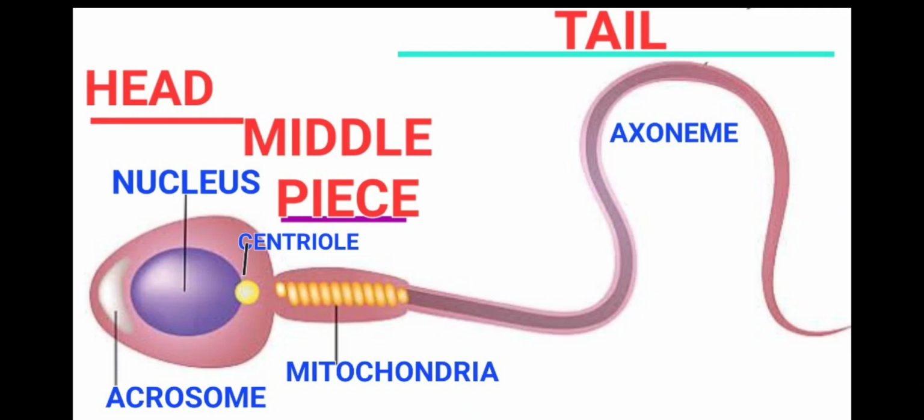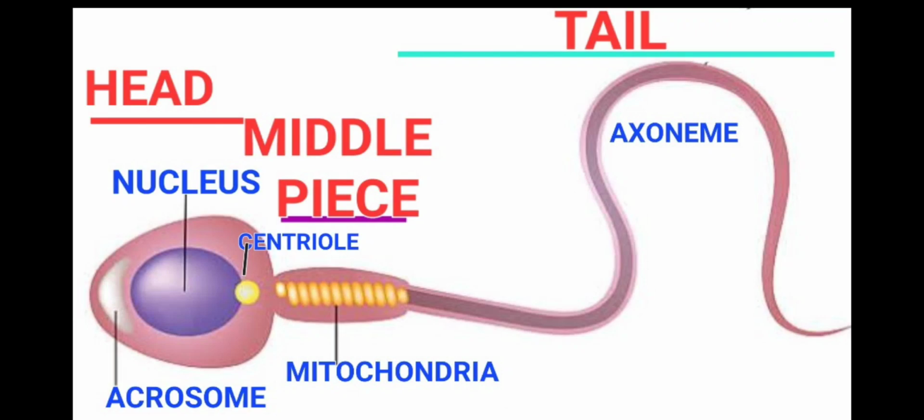Here, the flagellum or the axial filament complex is surrounded by a double spiral of elongated mitochondria. Around 12 to 13 gyres of mitochondria are present here. The distal limit of the middle piece is marked by an annulus.